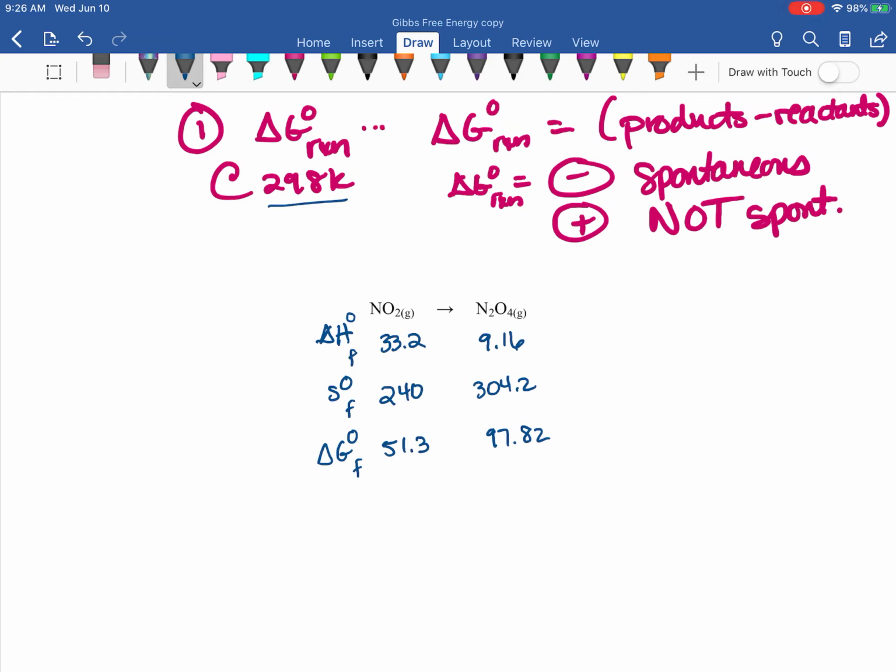Okay, I love it. So now let's make sure that we write our units over here: kilojoules per mole, because that's going to be important. Joules per mole, and then kilojoules per mole. Okay. So now let's take this and put it together.